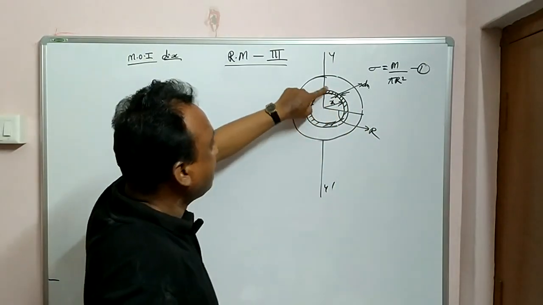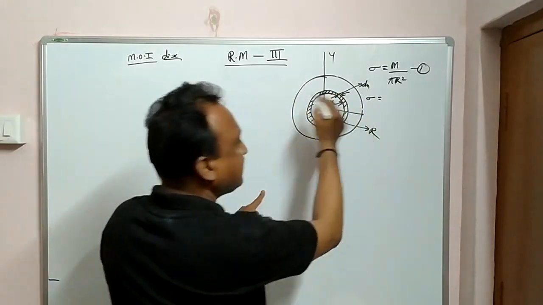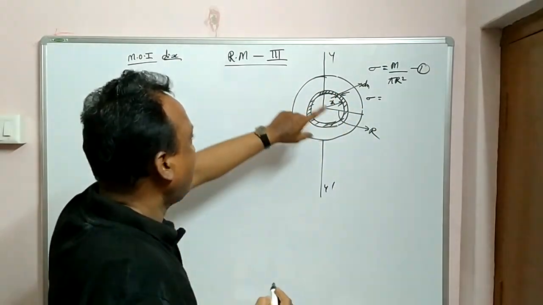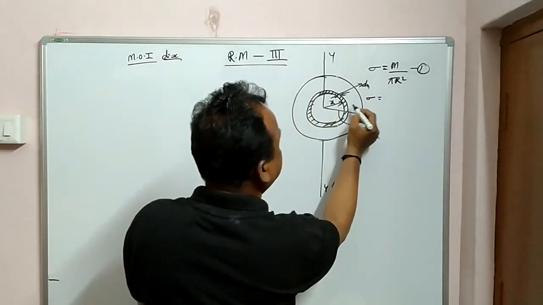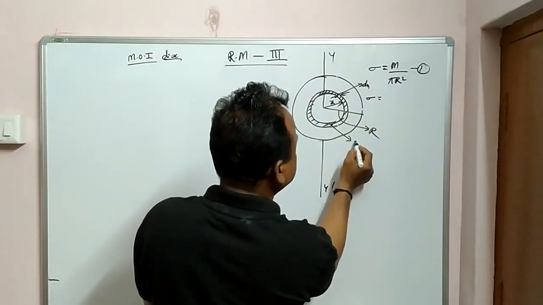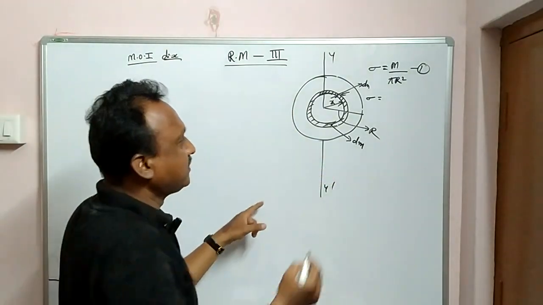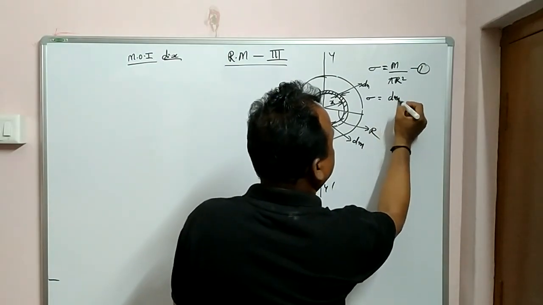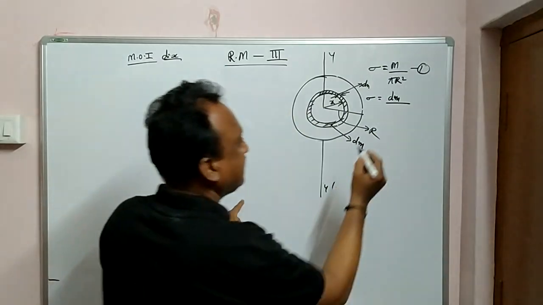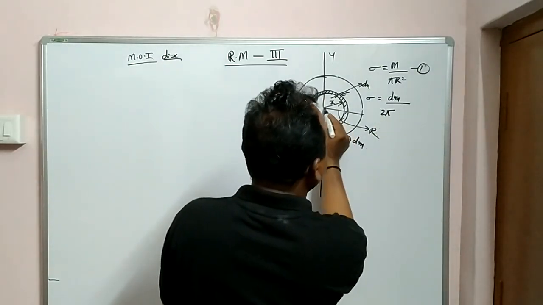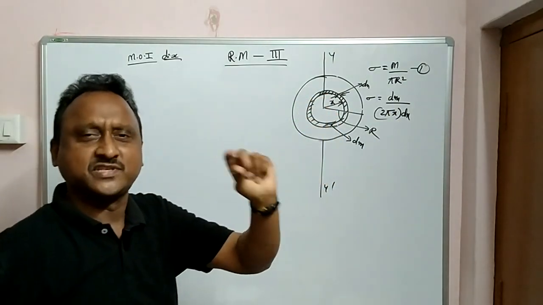Now for this small strip, how do we get the areal density? Mass of that strip per area. Let the mass be dm. The area of the strip is the perimeter into thickness, that is 2 pi x into dx, where dx is the thickness of the strip.